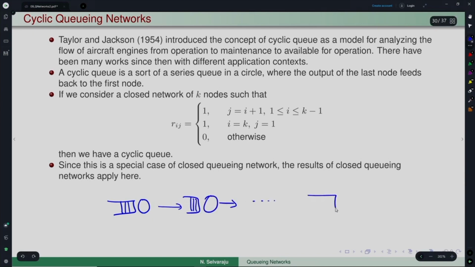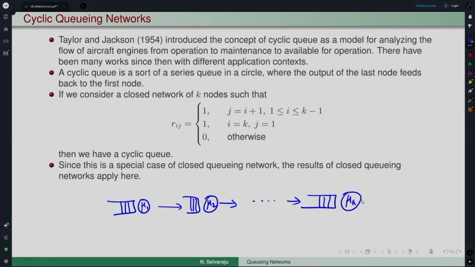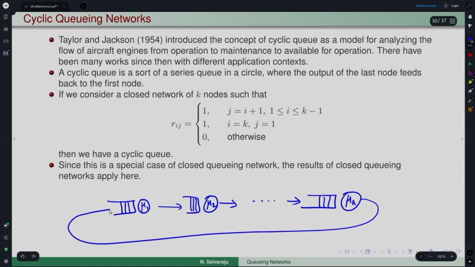So there is this kth node, and the arrival comes from here. You can call the service rates mu 1, mu 2, and so on up to mu k. Then this comes as an input to this. That's what it is.